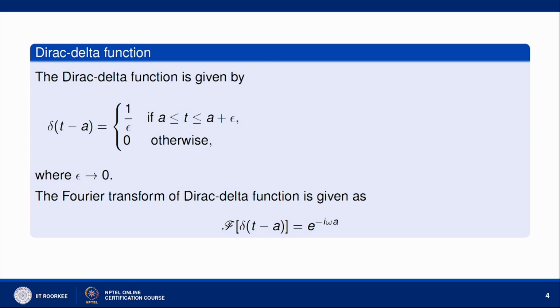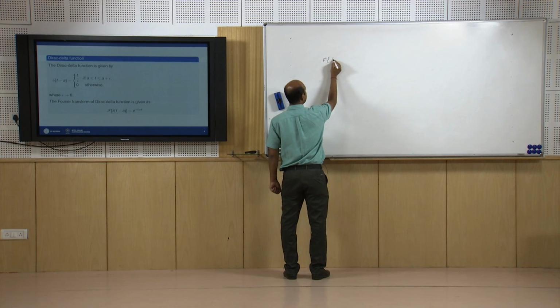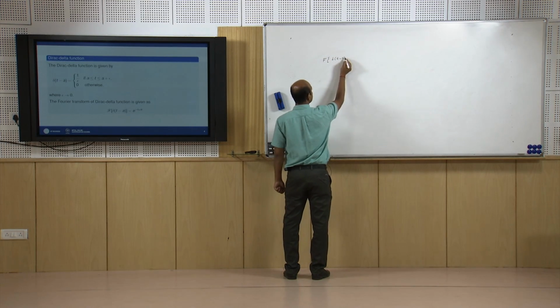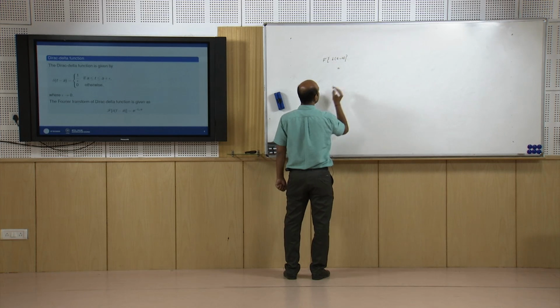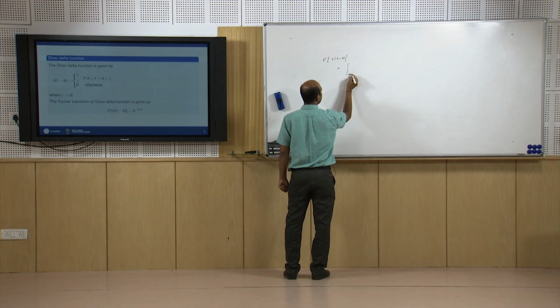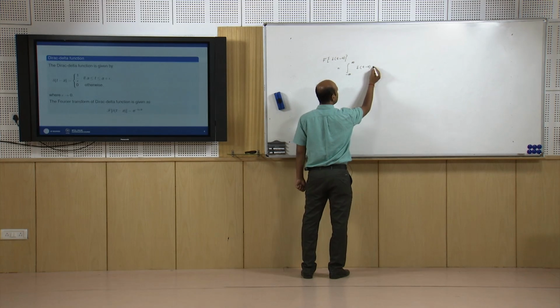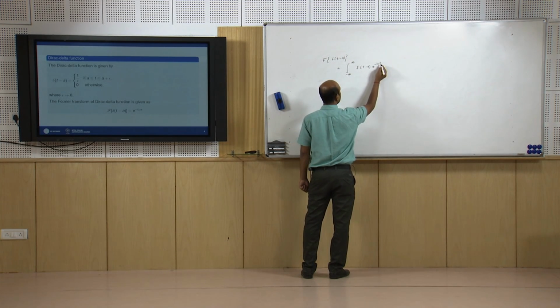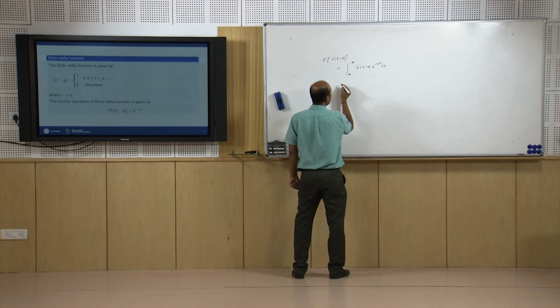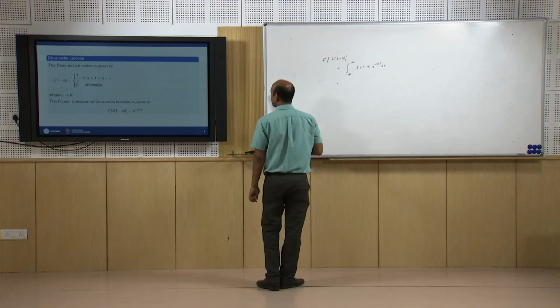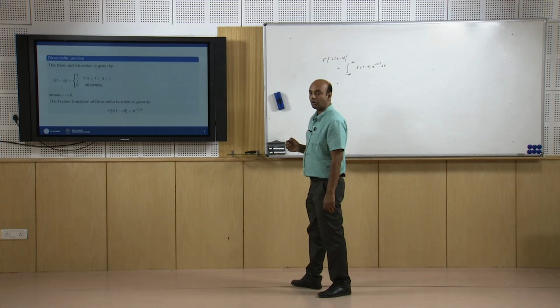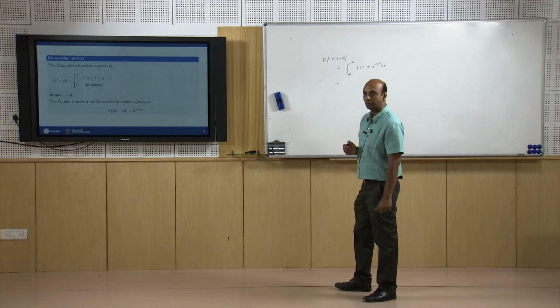So, to find the Fourier transform of the Dirac delta function, it is nothing but the integral from minus infinity to plus infinity of f t, which is the Dirac delta, into e to the power minus iota omega t dt. Now, the Dirac delta is given by 1 by epsilon when t varies from a to a plus epsilon, where epsilon tends to 0.